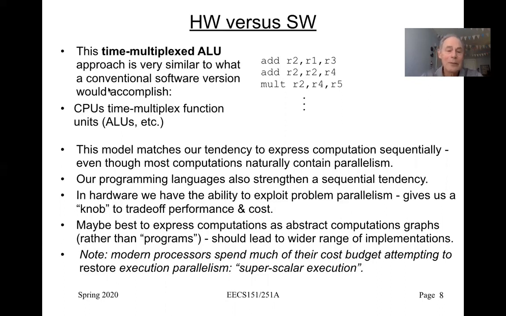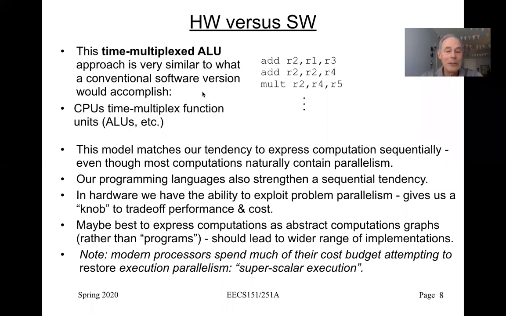In fact, what the CPU does is time multiplex the function units in the processor that we built. We had a single function unit, a single ALU, and it's used for each instruction once per clock cycle. So that gives us the same idea, that we time multiplex the ALU.